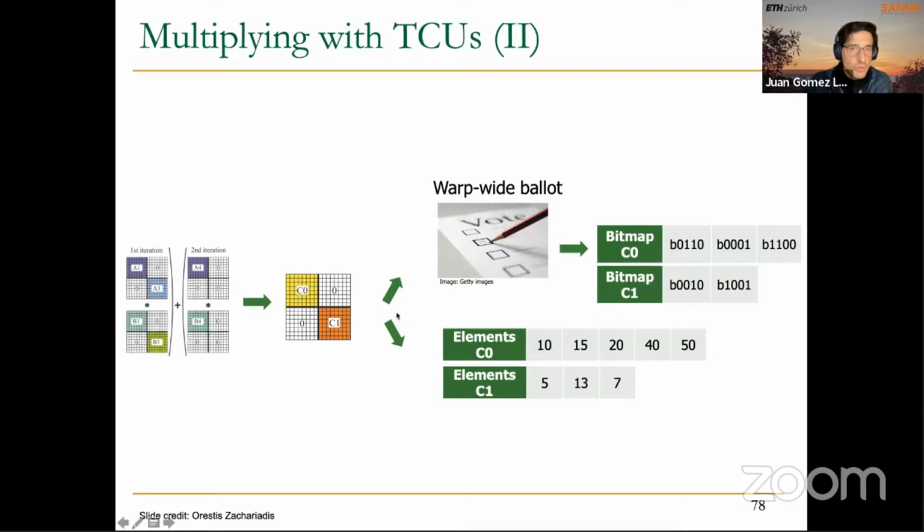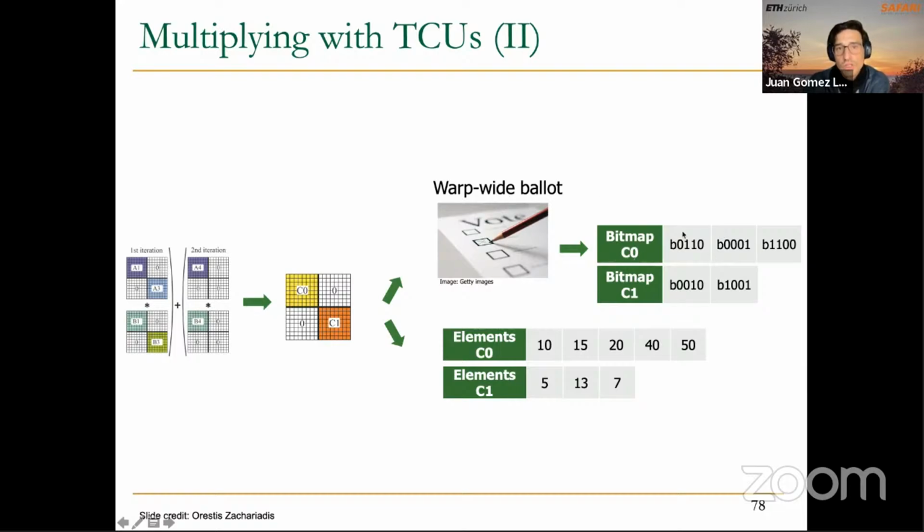And finally, after we are done with the multiplications, and the accumulations as well, we obtain the tiles of the matrices. This is one of the tiles of the output matrix. This is another tile of the output matrix. And now for these, we also have to create the bitmap, right? Because this is the storage format that we are using.